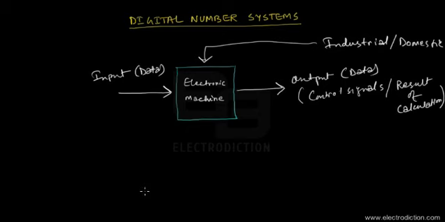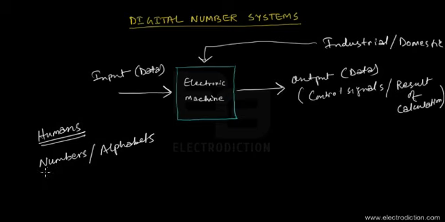Now there is a difference in how we look at data and how a machine looks at data. Humans can treat data as numbers, or they can treat data as alphabets or whatever it is.